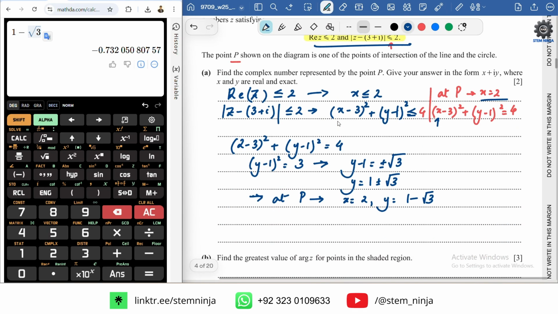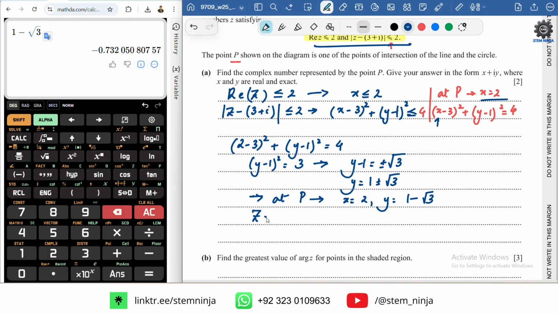Negative? Yes, okay. So z would be 2 + (1 − √3)i.